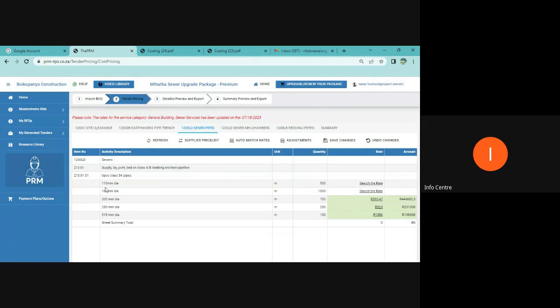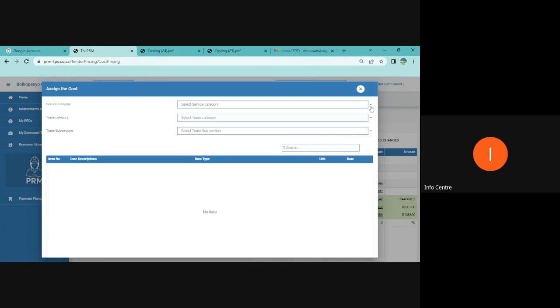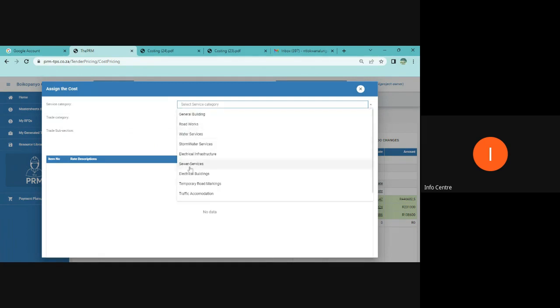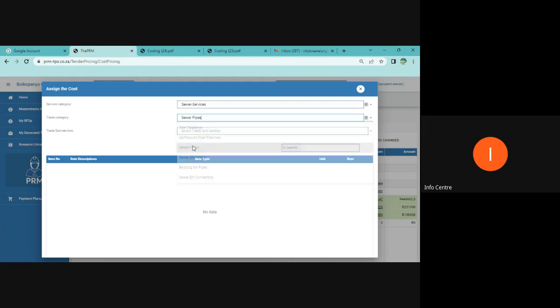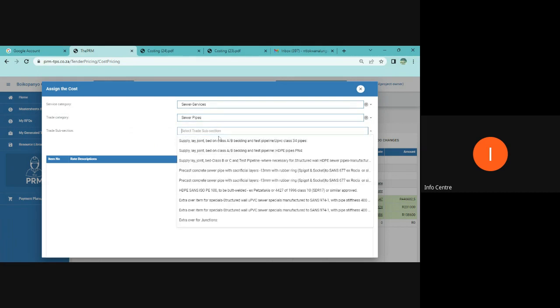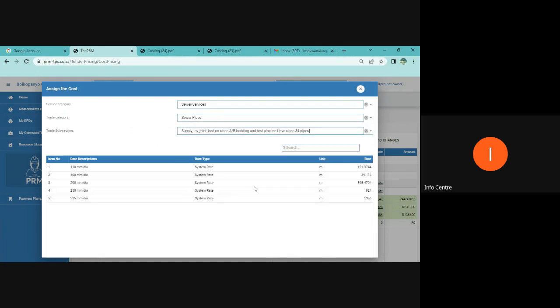Now what happens in this case, I'm looking for UPVC class 34, 160 millimeter diameter. I just click on search the rate. I know that I'm pricing for sewer. I know that I'm looking for sewer pipes. Then I know that it's uPVC class 34.